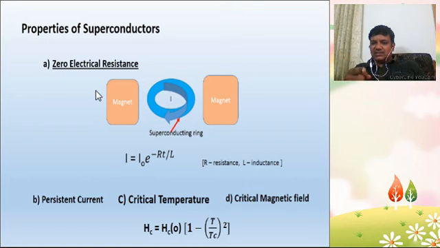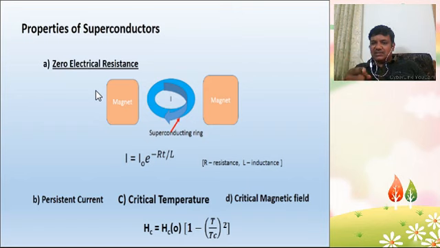This is one critical thing to understand about a superconductor. A superconductor has two main things to identify it. First, the resistance should be 0. Second, it exhibits diamagnetic property. So the Meissner effect is used to test whether a material is a superconductor or not.